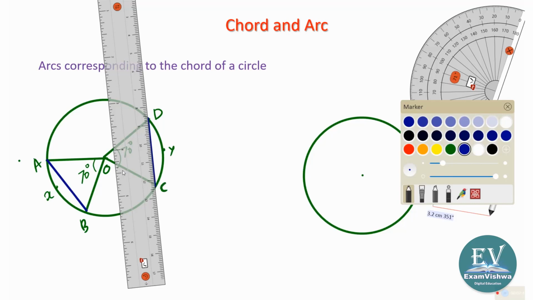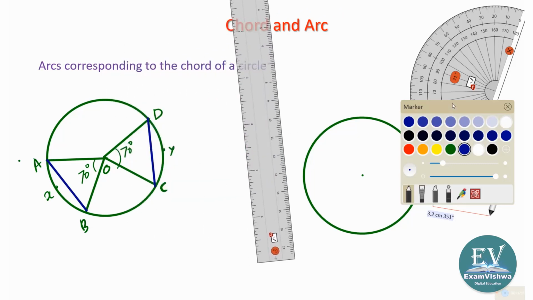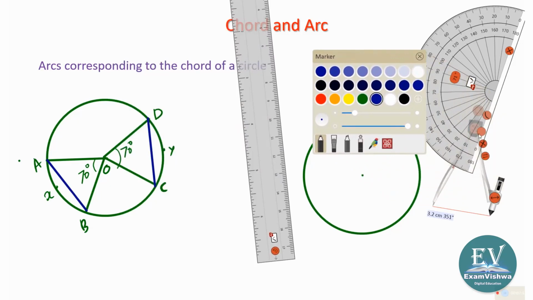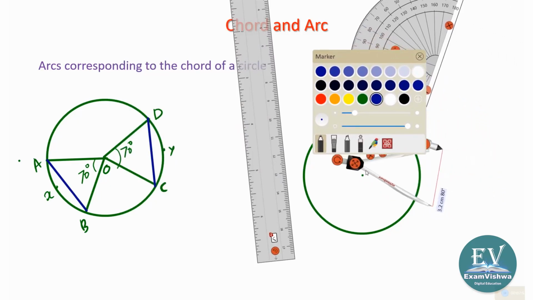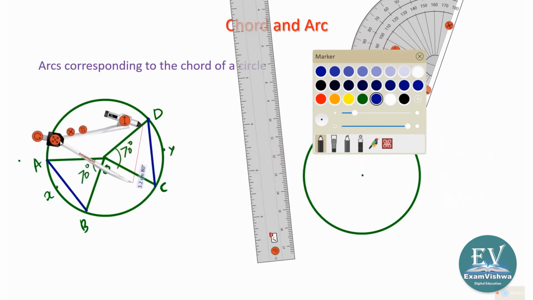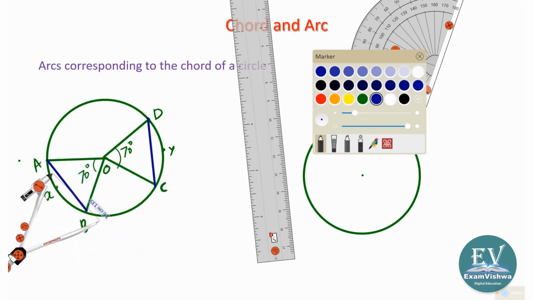Now we have to check whether these chords are of the same size. I can check it using a ruler, or I can check it using the compass also. That's a method of measuring with a compass. That will be easier now. Some little bit of accuracy issue will be there, because I am using a digital compass over here.